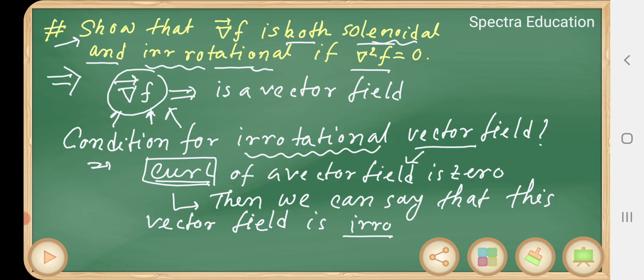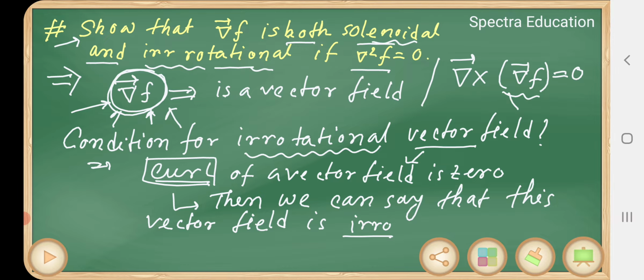Okay, so let's check. Here our vector field is gradient of F. If we want to check whether it is an irrotational vector field, we have to find out the curl of this vector field. If it is 0, then this is obviously an irrotational vector field, right? Now let's check it. I am erasing everything.